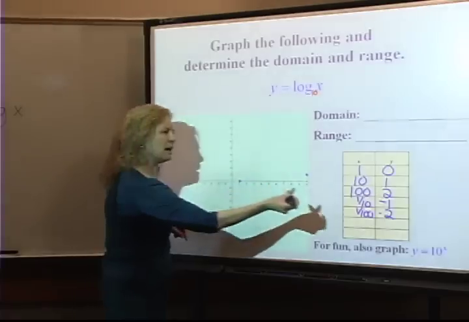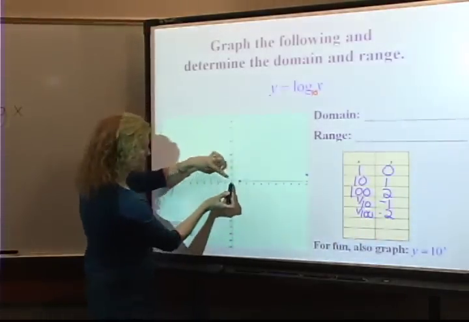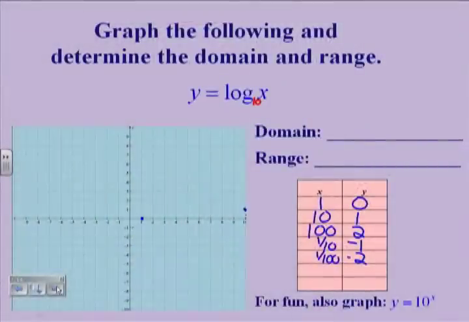And then, let's see here, (1/10, -1), and (1/100, -2). Boy, it's bellying up there next to that y-axis very quickly. So it's coming up there very close to that axis, hits the point (1, 0), and whoa, shoots out there to the right. Took a really wicked curve as it went around there.